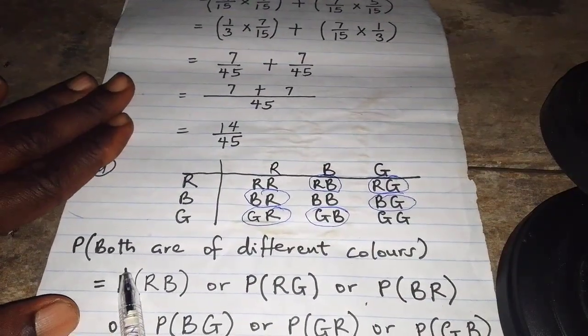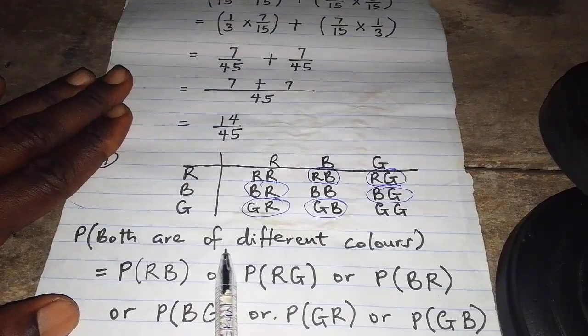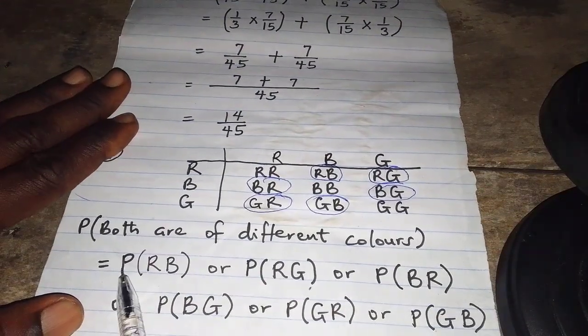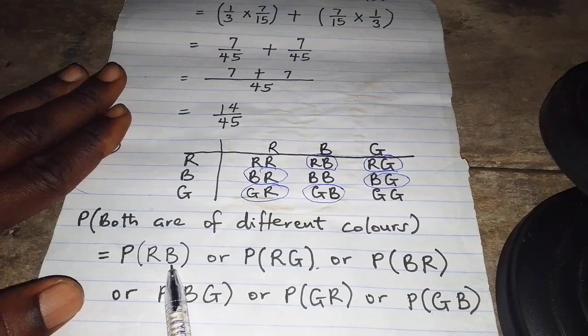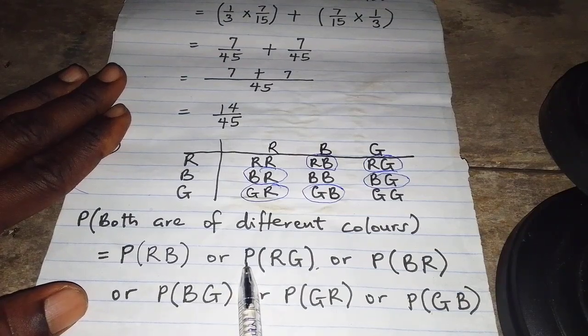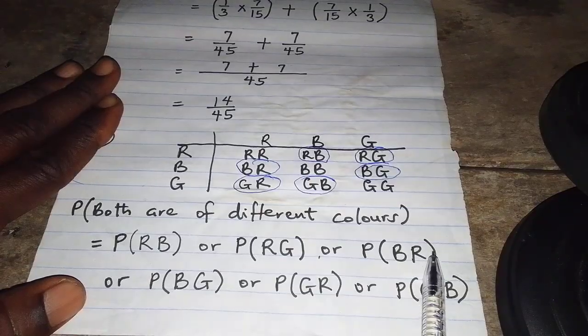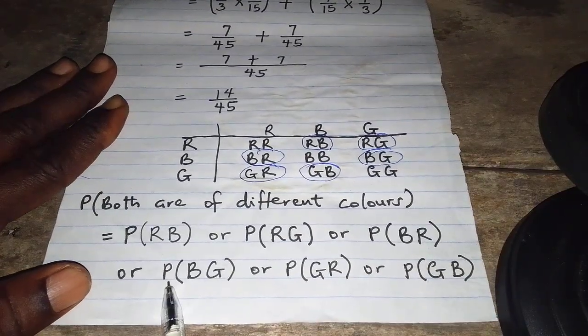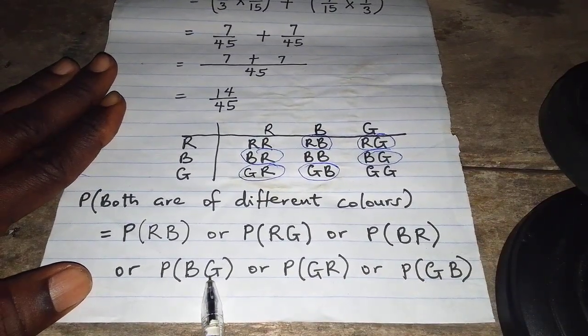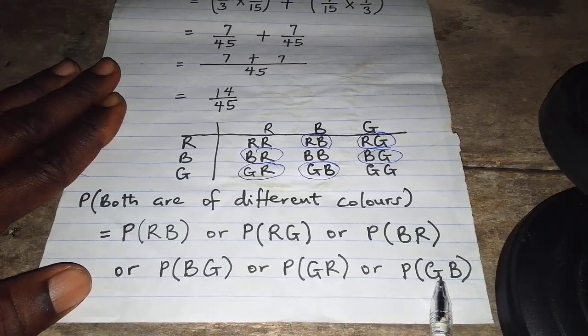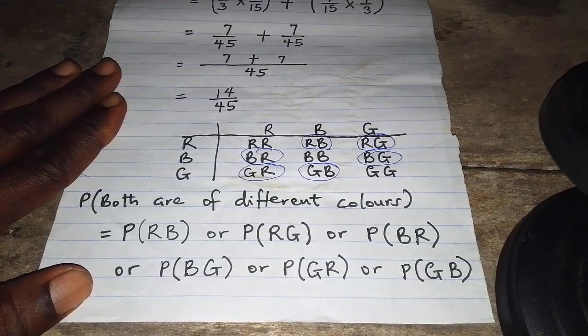So the probability that you have different colors will be the probability of red and blue, or the probability of red and green, or the probability of blue and red, or the probability of blue and green, or the probability of green and red, or the probability of green and blue.